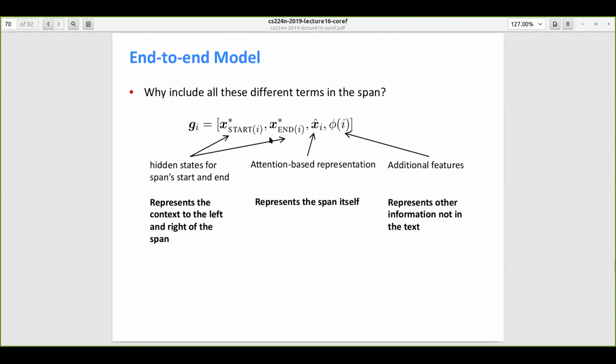So these kinds of span representations help us in getting better representations. So the first two terms here give us the context for the left and right of the span, and xi hat represents the span itself, whatever the span is, the group of words that we have, and then we have some additional features that are also being added for this.